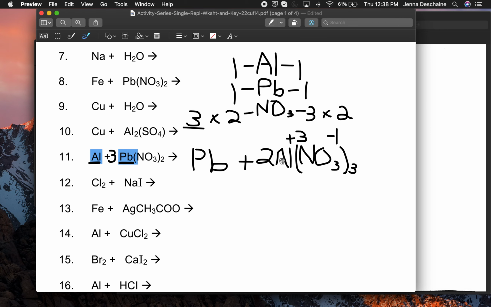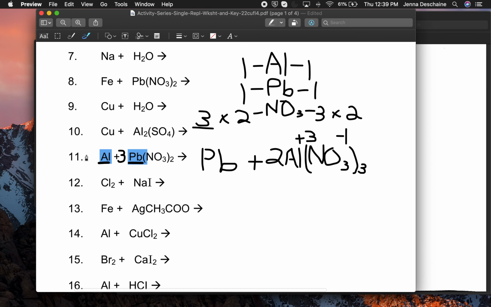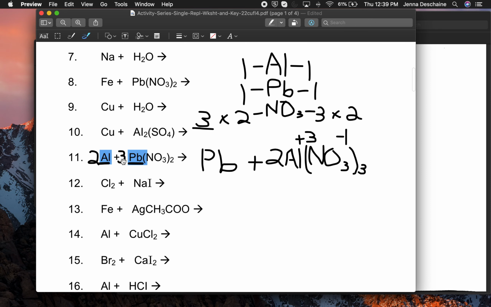So my nitrates are balanced, but by adding those coefficients, I've made the aluminum and the lead unbalanced. Because remember, this 2 distributes to aluminum and the nitrate. So I have 2 aluminum on the right side, only 1 on the left side. So I'm going to add a 2 right here. And then I have 3 lead atoms on the left side and only 1 over here.